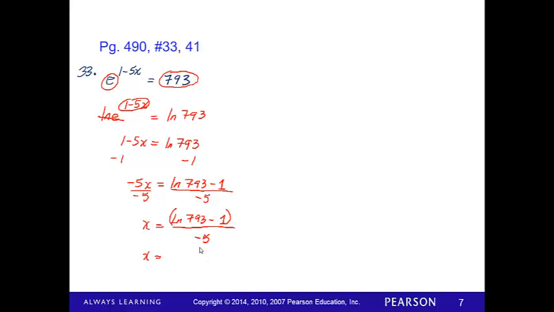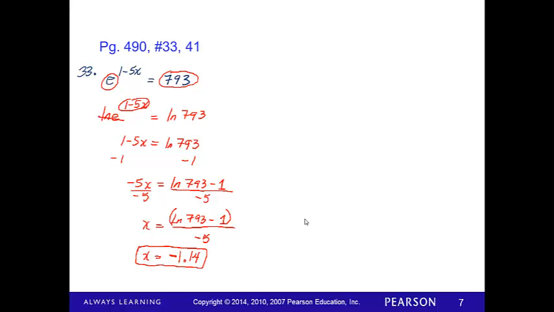So the natural log of 793 minus 1 divided by negative 5. And we get approximately negative 1.14. We're going to round to 2 decimal places. So negative 1.14.